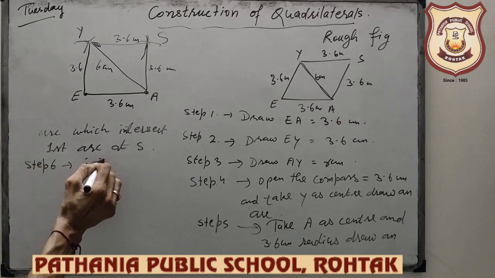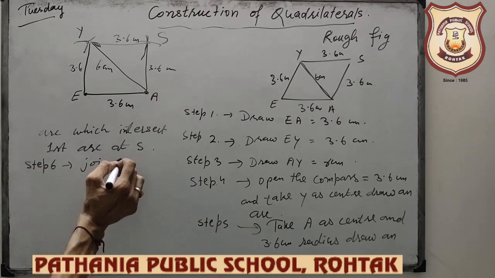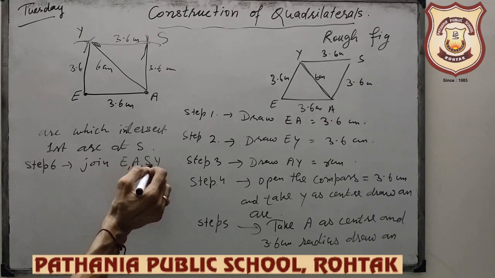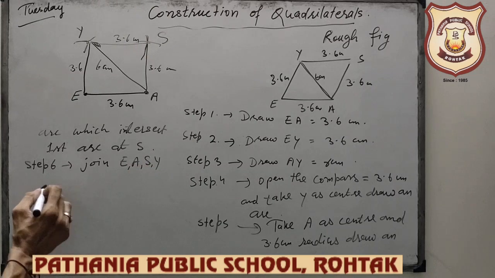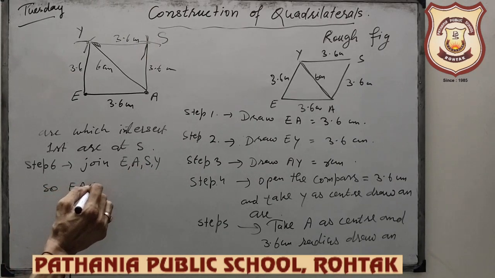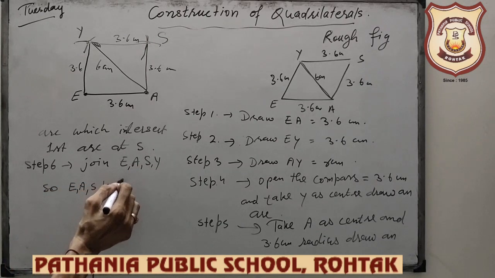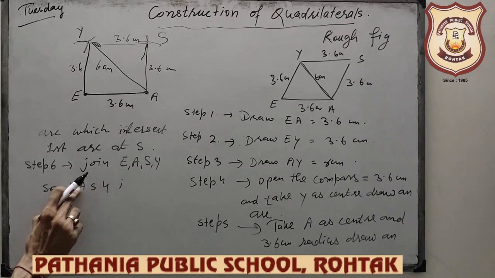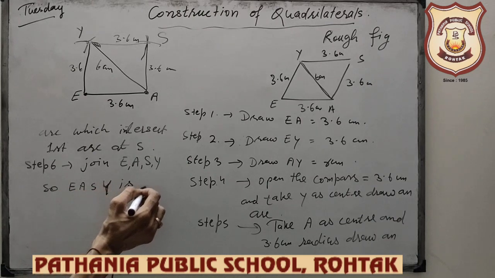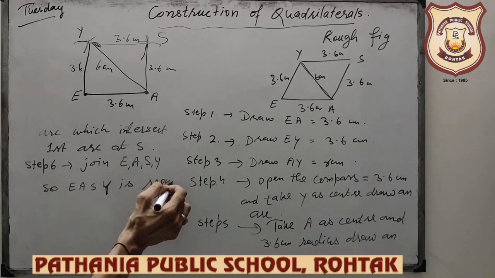Join EASY. So EASY is a required rhombus. No need of commas when you are writing the name.